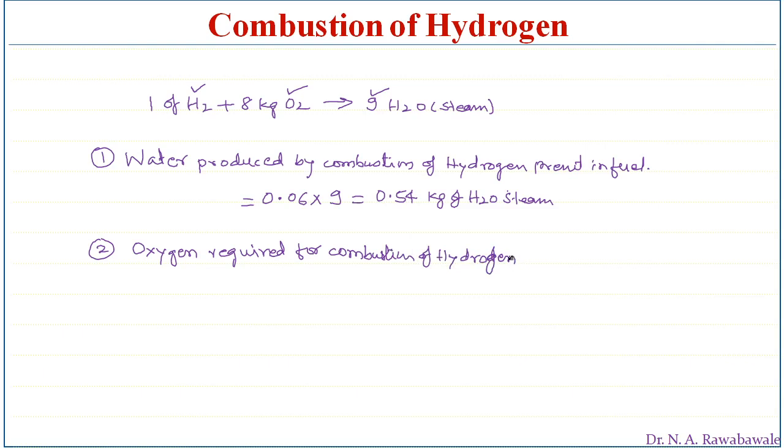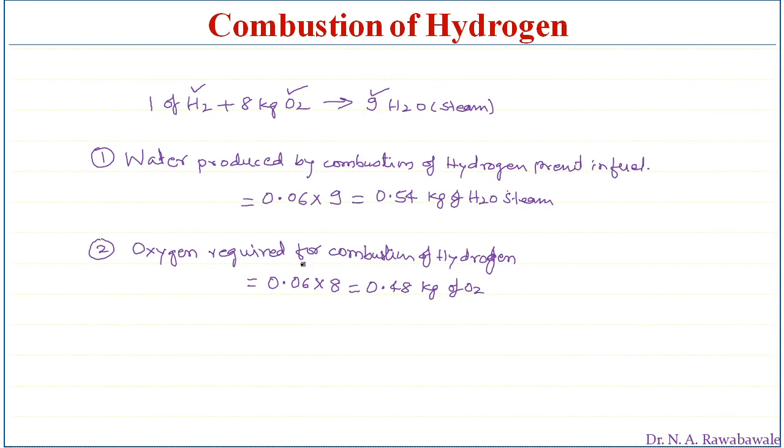The mass of hydrogen is 0.06 and 8 kg of oxygen is required per kg of hydrogen, so 0.06 into 8 gives 0.48 kg of oxygen required to burn the 6% of hydrogen present in this fuel.